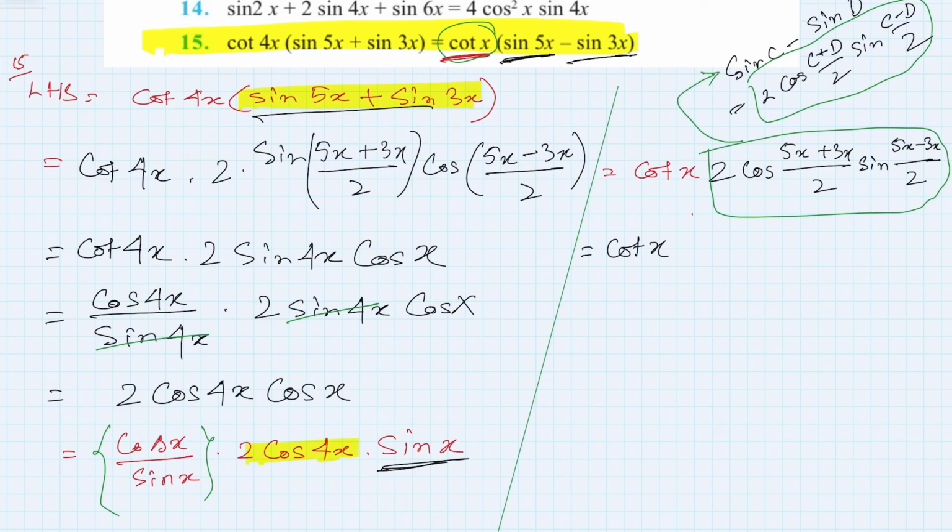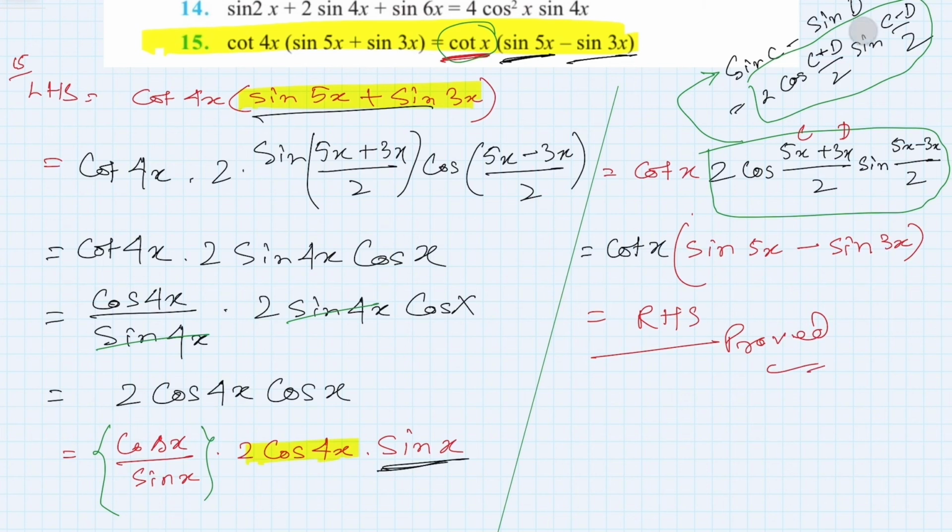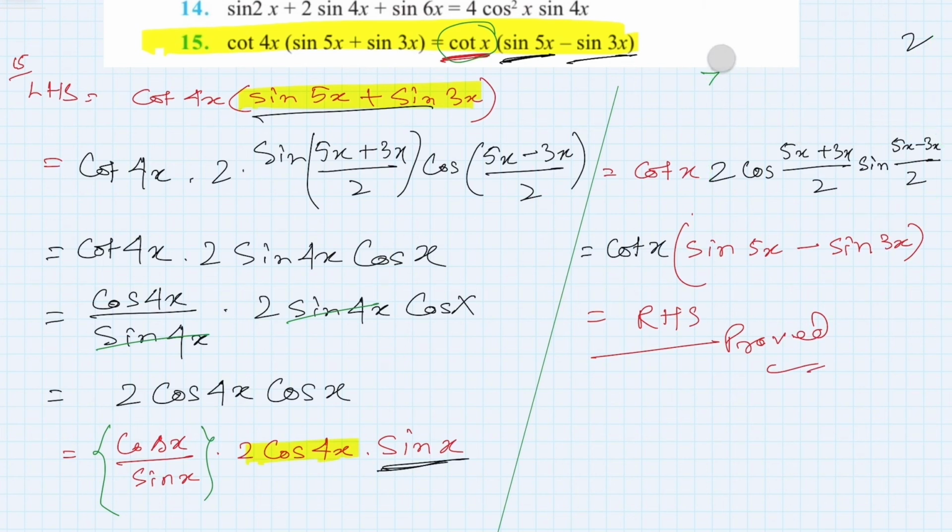If you write that, then you will get sin 5x, you can consider now 5x as c and 3x as d, minus sin d, that is 3x. So this is our right hand side, hence proved. That's how we can prove this. Hope you have understood this. It's very simple, not so hard. So that's how we can solve it.